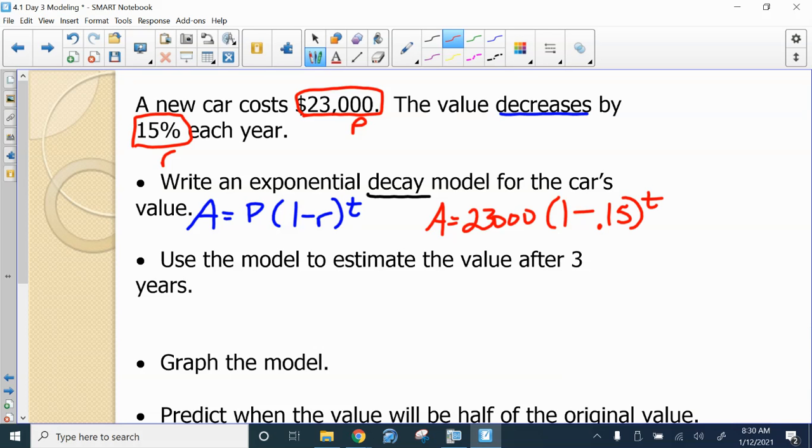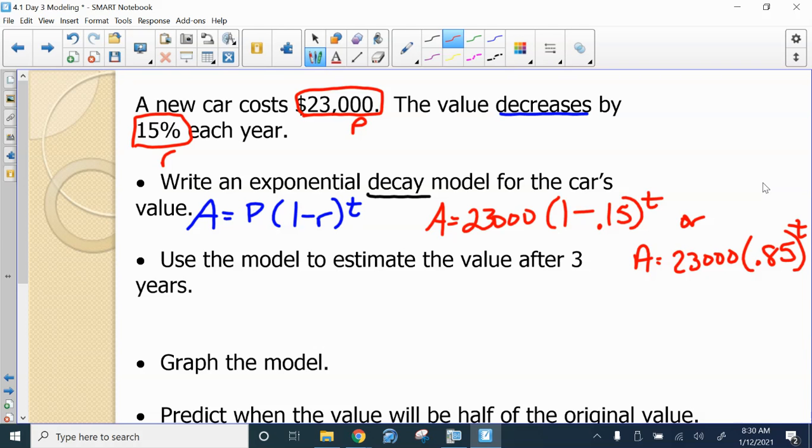You can go ahead and subtract if you want, and you'll see this a lot of times. You could write it like this. All I did is just do the actual subtraction, the 1 minus 0.15. If you don't, it's fine. It means the same thing.